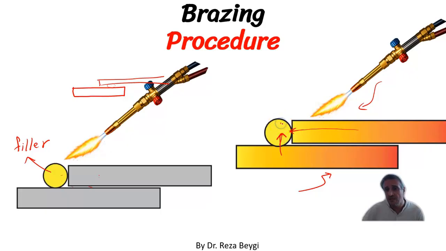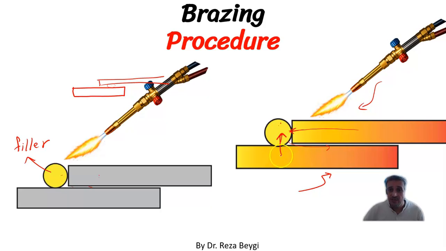And the filler material should be melted only with the heat conducted from the base material. It is because the molten filler material flows in the direction of a temperature gradient, and the direction of flow of the molten filler material is toward the higher temperature.